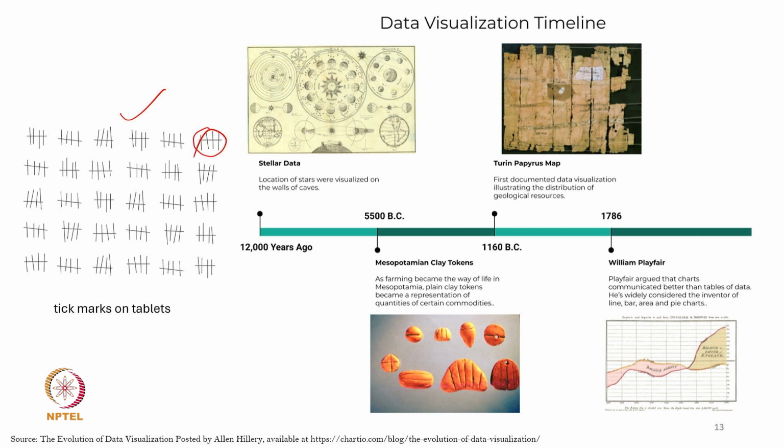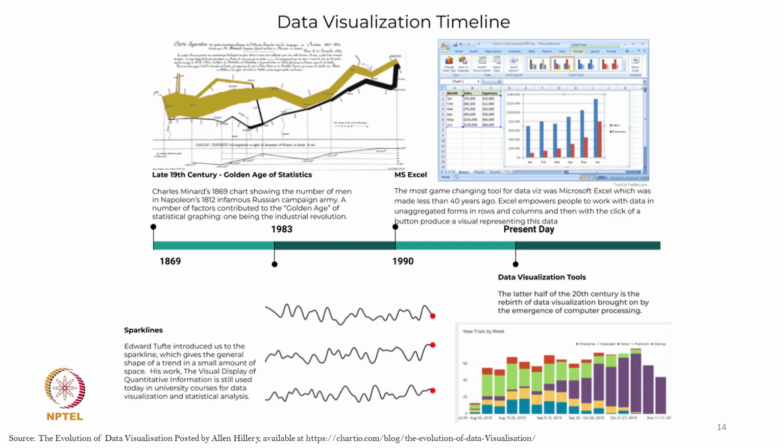The historical point of view about data visualization states that philosophers have relied on visual metaphors to analyze ideas and explain their theories. Data visualization has been used historically to identify locations and representations of quantities, distribution of geographical resources, etc. However, the modern concept of data visualization as we know it today began to take shape in the 19th century with new technologies such as computers, software tools, and applications.